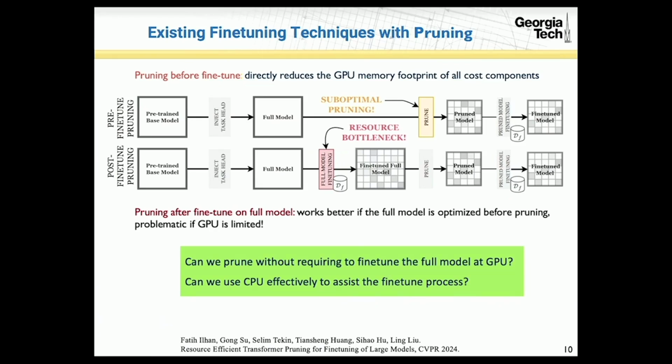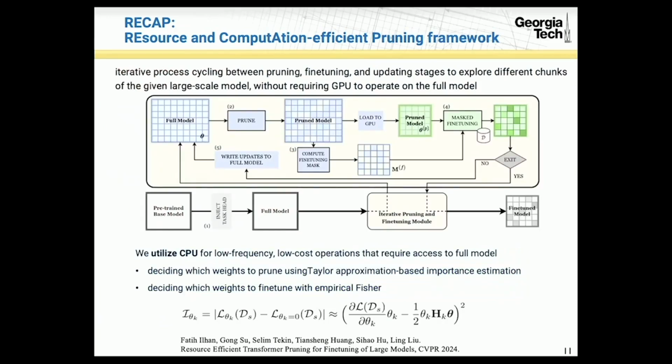So the idea that we propose is, we still inject the head, but we iteratively prune the full model, basically chunk by chunk, using a certain group of chunks. So we are not using all the chunks.